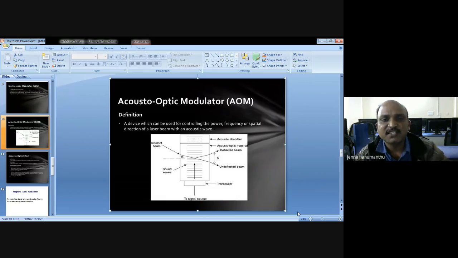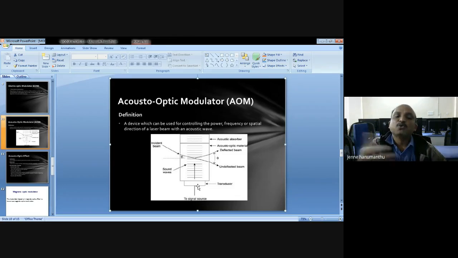This is the arrangement. See this arrangement. It has an input signal source. We are giving the input signal to the transducer. The transducer converts the input into sound.